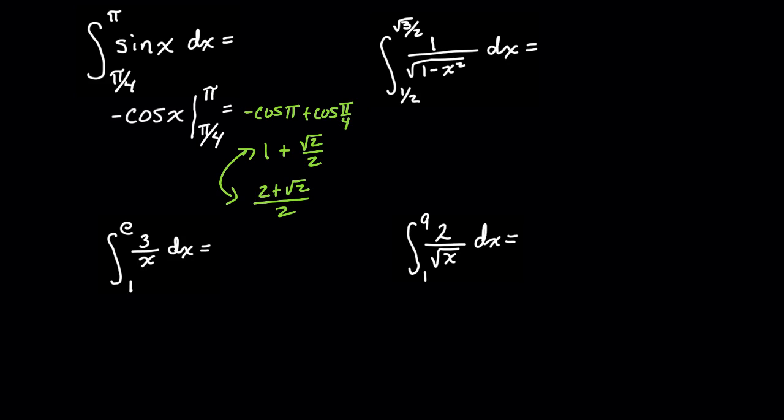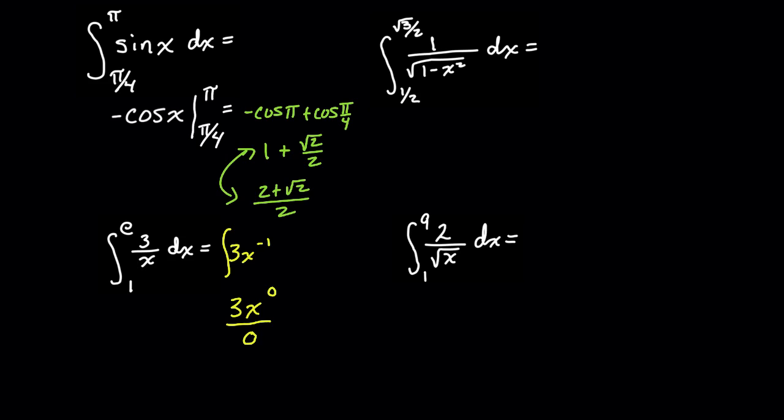The next one, if you have 3 over x, let me do something incorrectly first to show you why it doesn't work, and then we'll show you how to do this correctly. If we try to do this as 3x to the negative 1, and you do an antiderivative of this, you would add 1 to your exponent, which would give you 0, and then you put this over that new denominator.